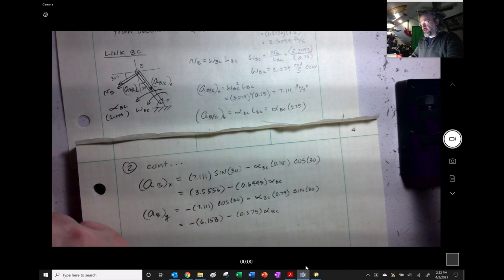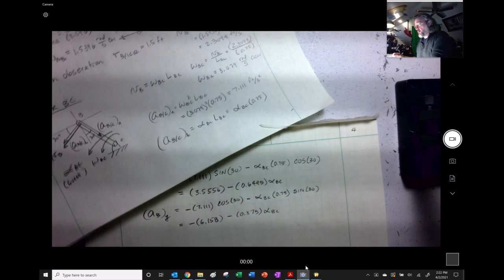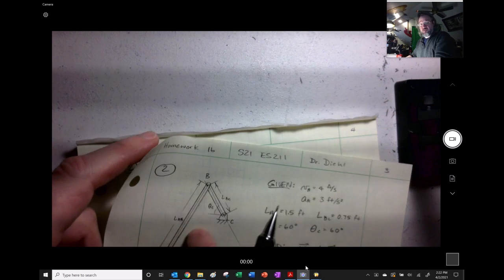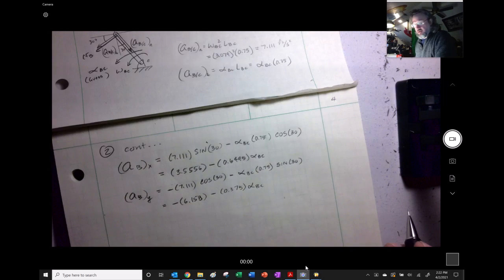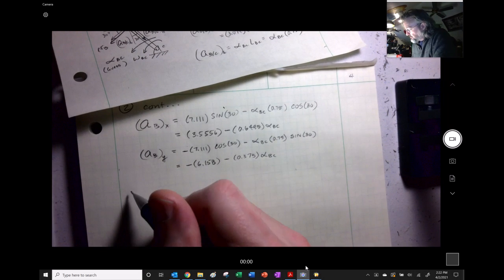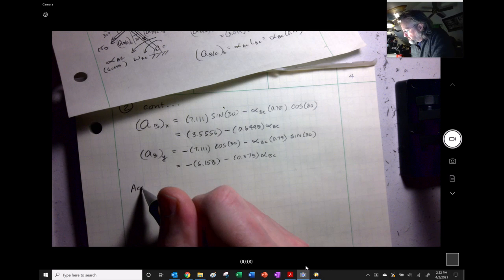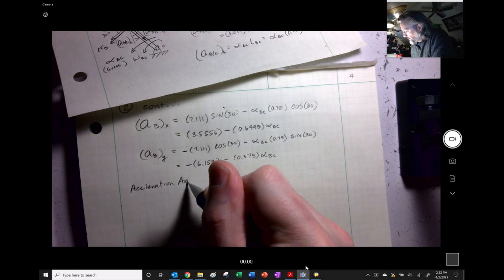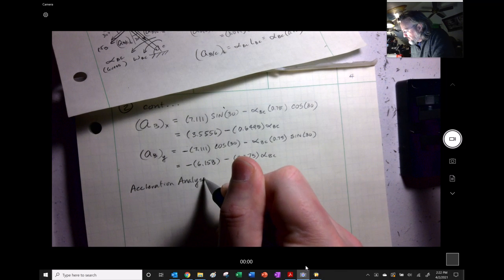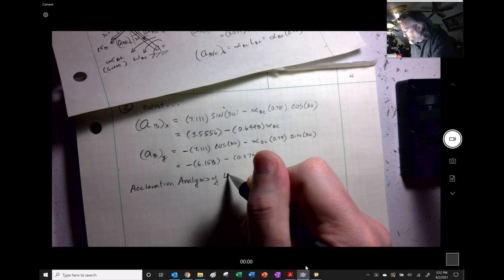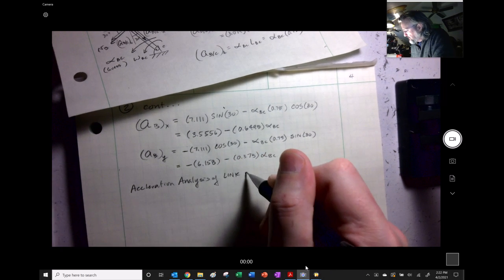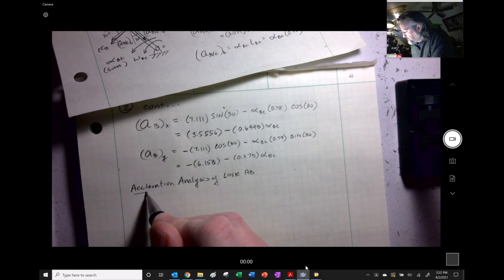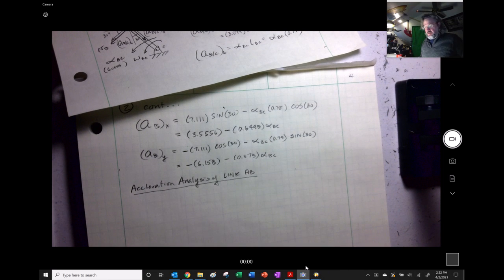Now I'm going to go for the 3 diagrams of this link right here. So we do the acceleration analysis of link AB using 3 diagrams.